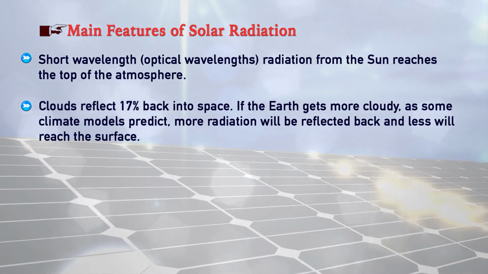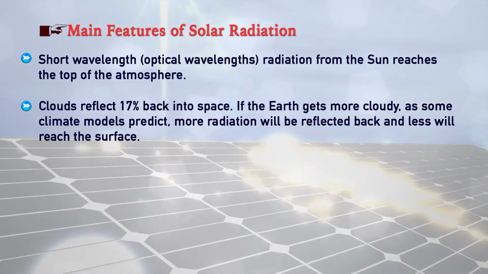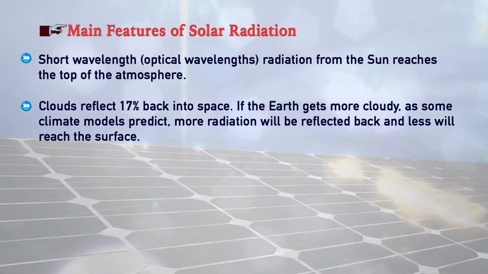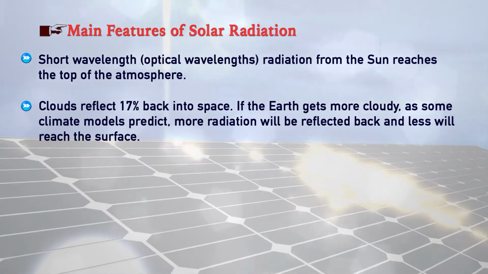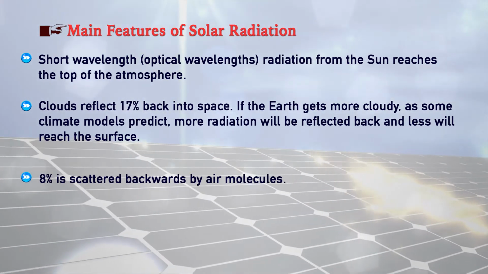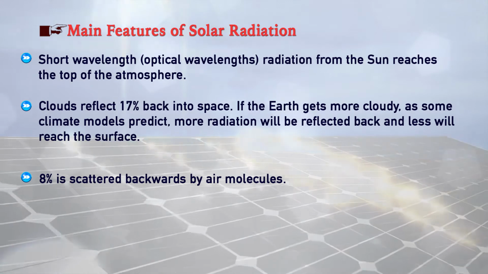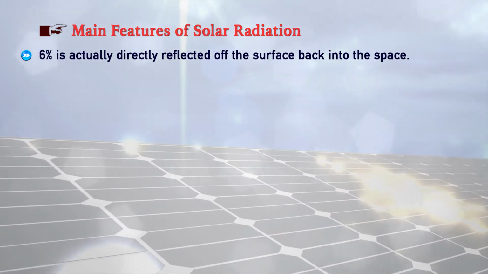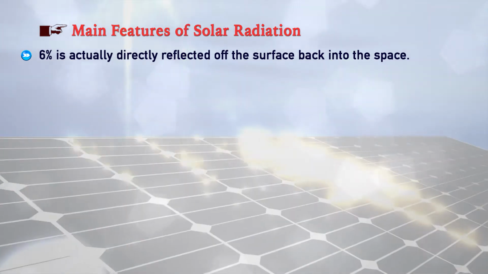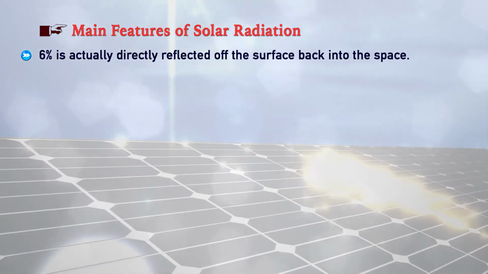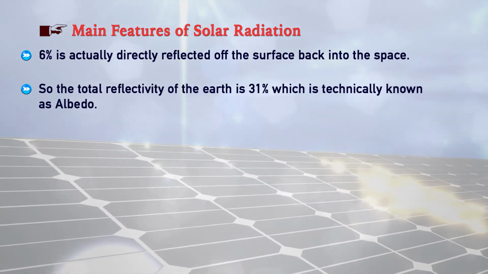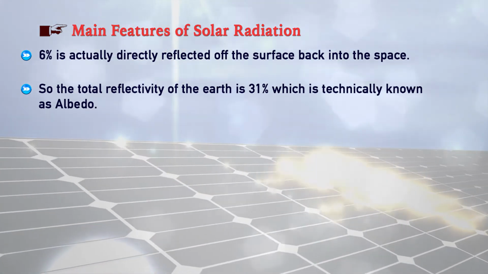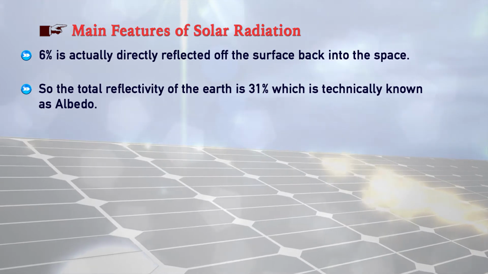If the Earth gets more cloudy, as some climate models predict, more radiation will be reflected back and less will reach the surface. 8% is scattered backwards by the air molecules and 6% is directly reflected off the surface back into space. So the total reflectivity of the Earth is 31%, which is technically known as albedo.